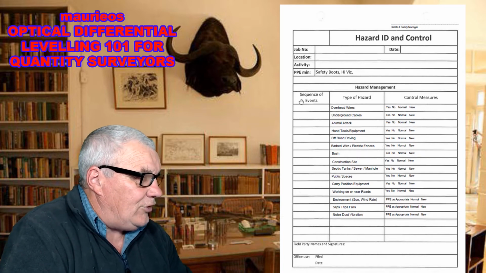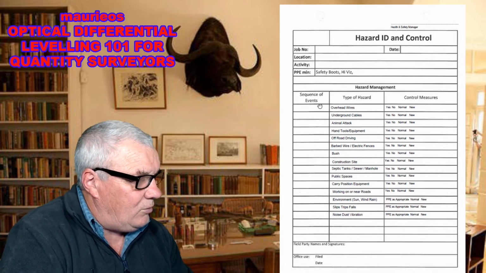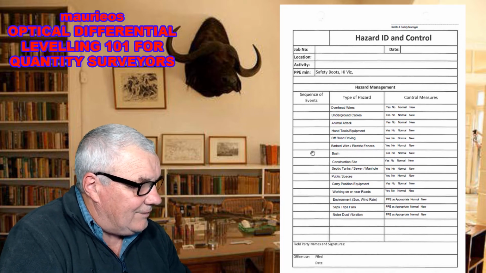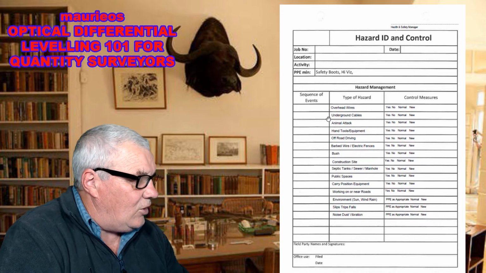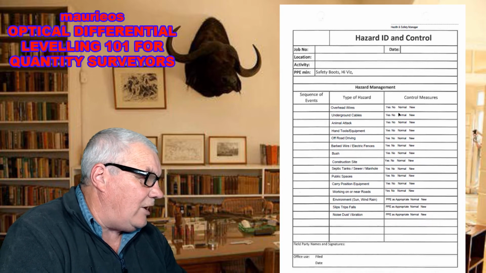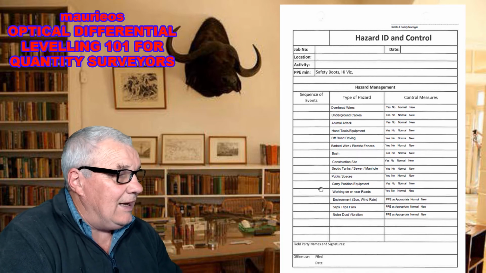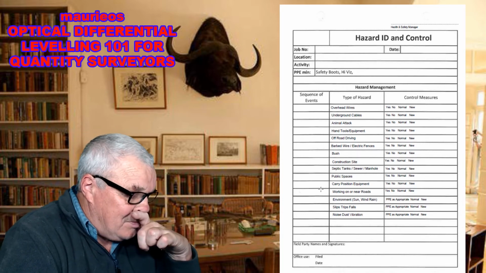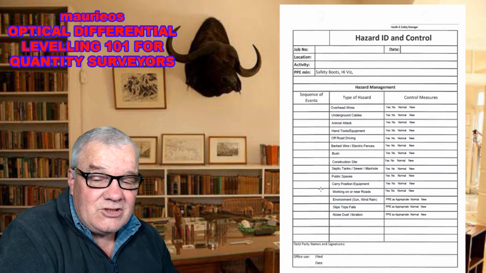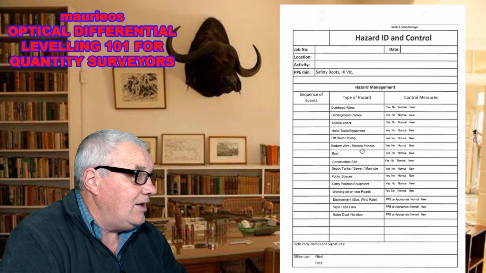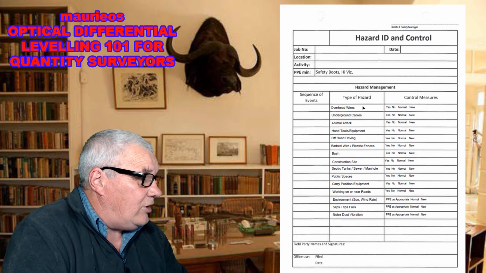The first thing we put down here is the sequence of events, and that just goes in that column, and it's unrelated to these lines over here. It's just the sequence of events. In this case it'll just be levelling, that's all we're doing, so levelling will go in there. Then we check each of these items.